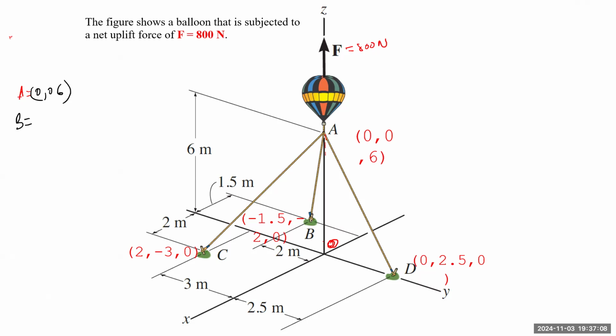All right, so B now, you need to look for B. This is 0. This is 0.2, but this is going beyond for Y. So you know Y is what? -2. What is X? X is going over here. So the X value here is what? 1.5, and it is minus because it has gone over to this side of the quadrant. So it's minus 1.5, and that is the X value.